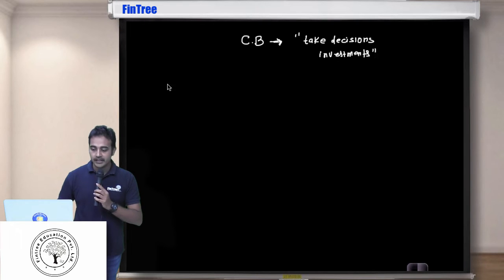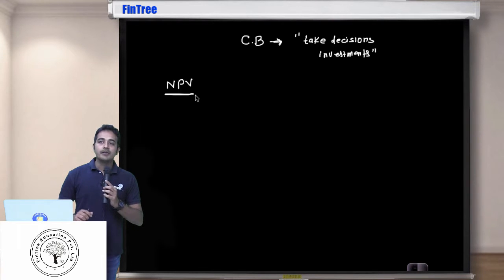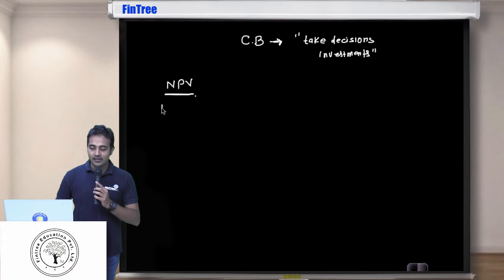If you remember, we learned to calculate a number called NPV, net present value. It was calculated as present value of inflow minus present value of outflow.